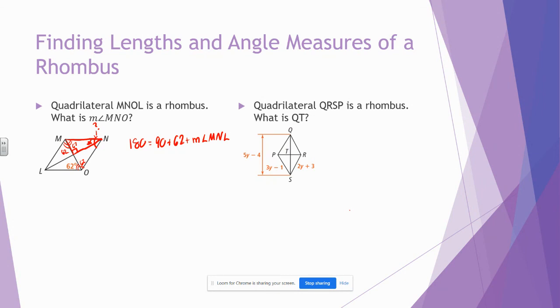Solving this out, doing some addition and subtraction, we get 28 is equal to the measure of angle MNL.